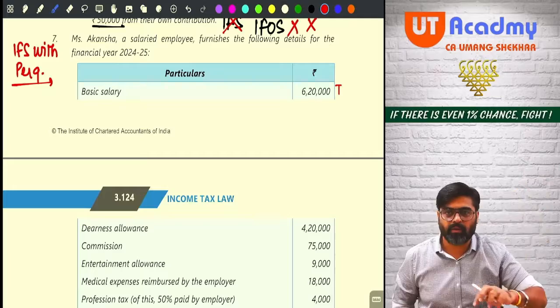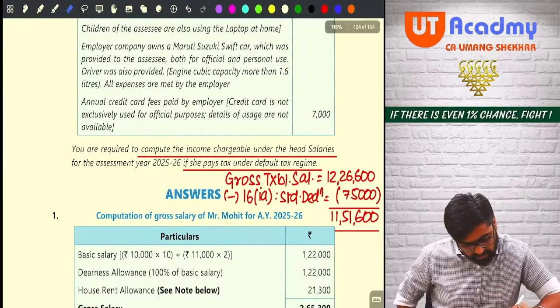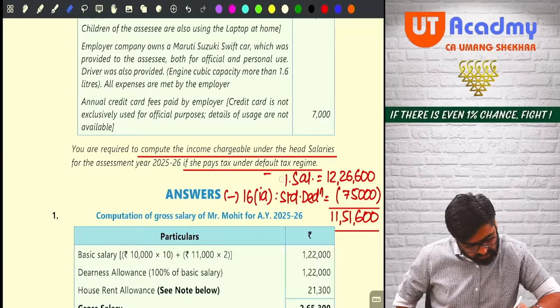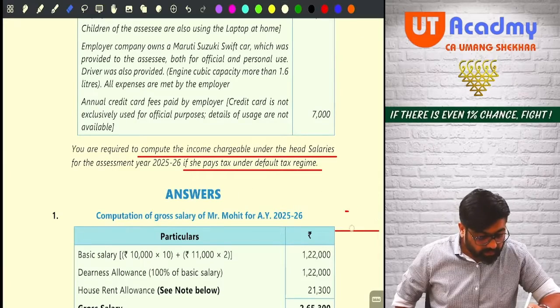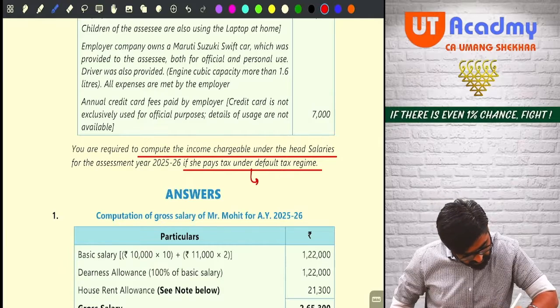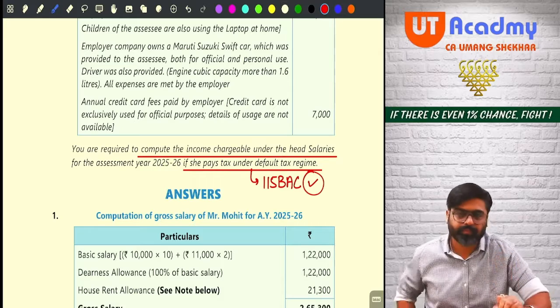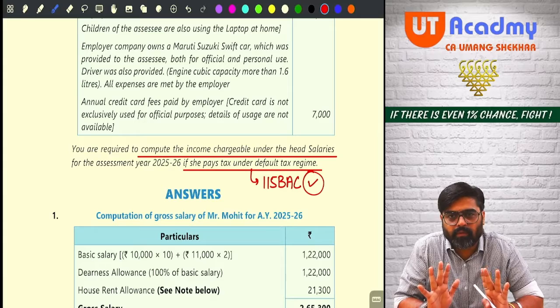But wait, in the last part, you will see that they are mentioning that she pays tax under default tax regime, meaning that 115BAC she is following. Can you do me a simple small favor?